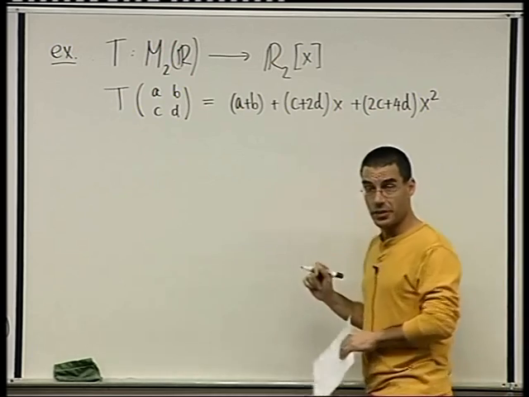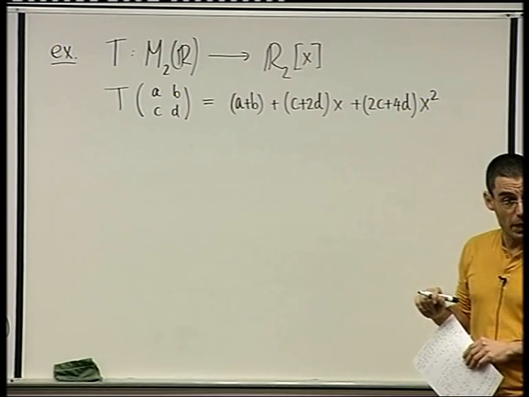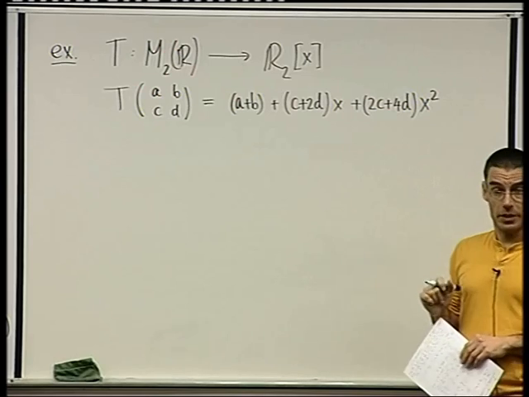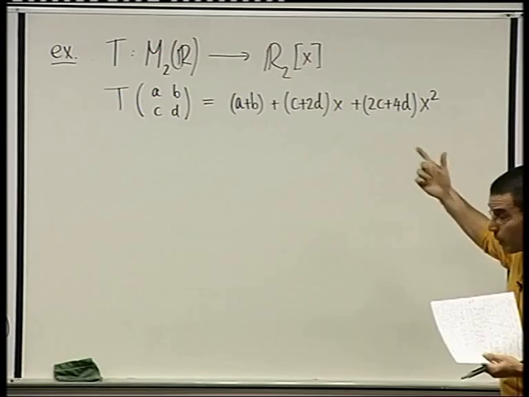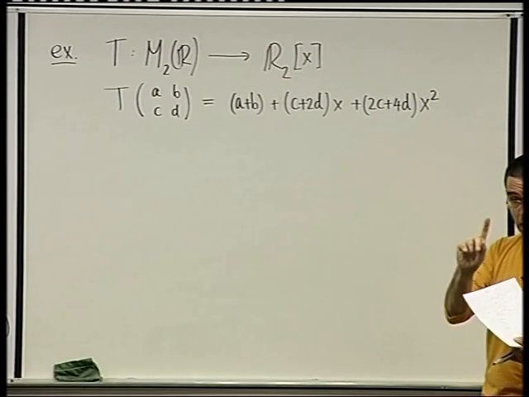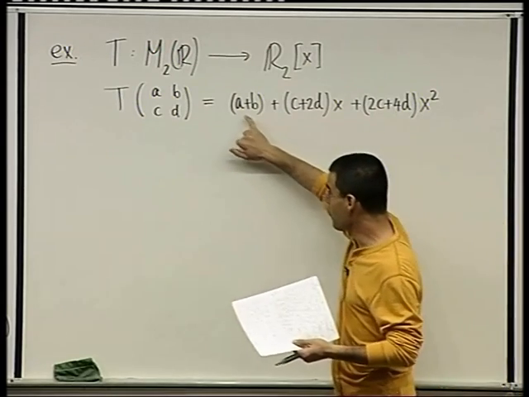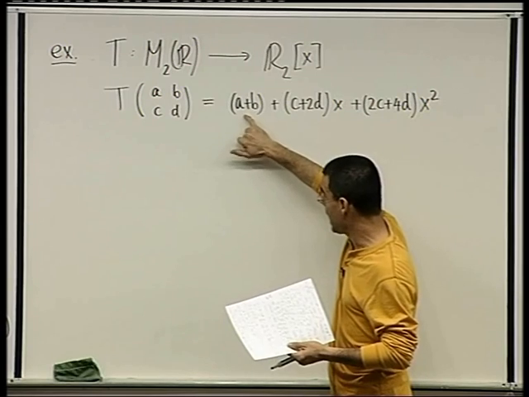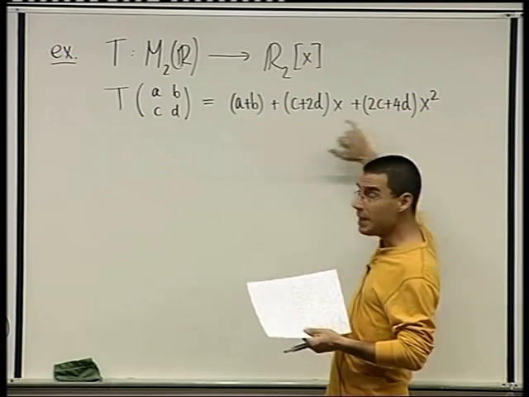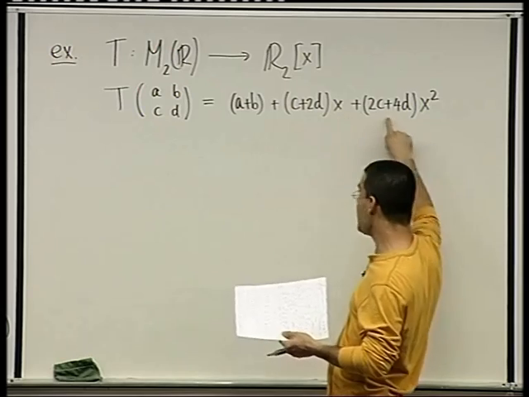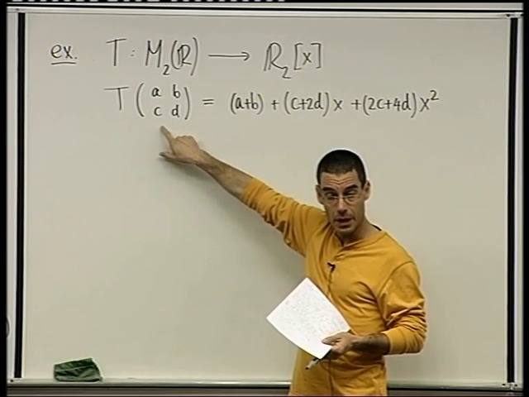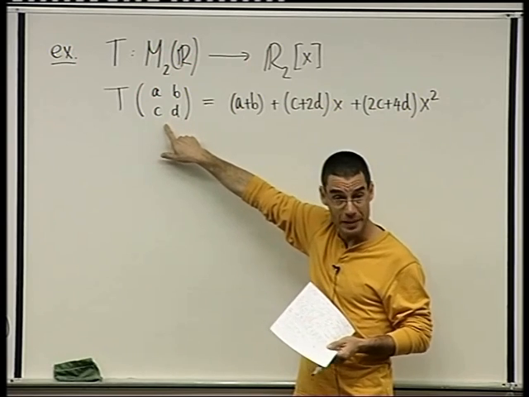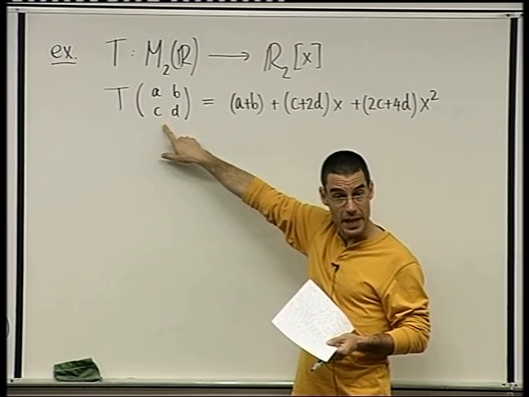We need to check that it's a linear map. Okay? And you need to check that it's a linear map. A clue, a way to see it, but we didn't prove this yet, is that every component of the image is a linear combination of the components of the element in the domain. Okay? Do you see that?